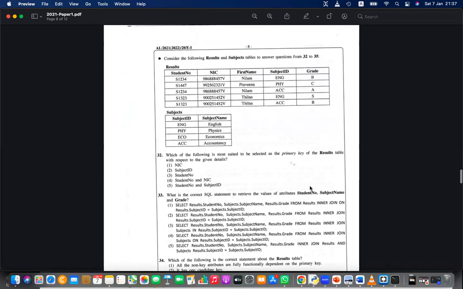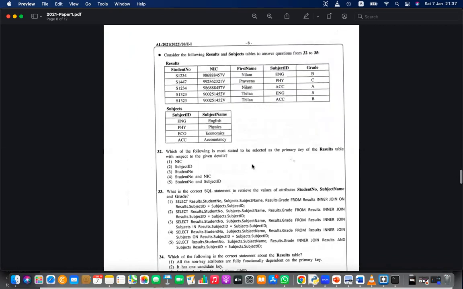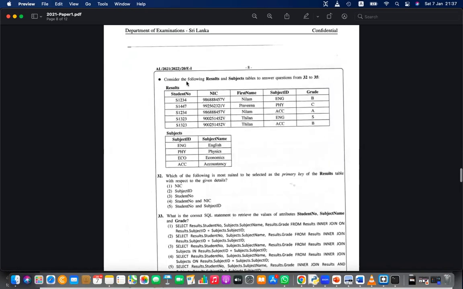Because there are some other dependencies as well. What is the primary key? The primary key is these two together. If it is fully functionally dependent, it should be unique. Let's consider this one. Is it unique?